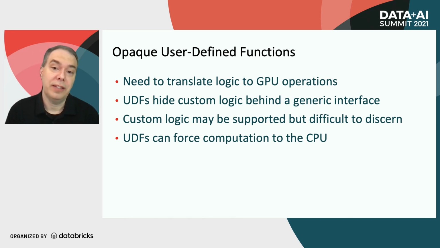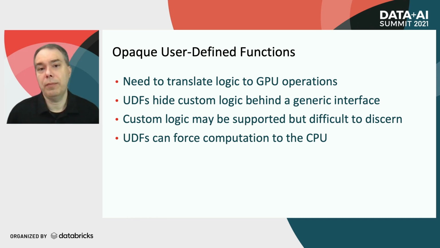If it cannot detect what an operation is, then it has no choice but to fall back to the CPU because we want to make sure that the query runs. And UDFs hide that logic in a way that makes it difficult to discern what it's doing. That can be particularly frustrating in cases where we do have the functionality in RAPIDS to do this operation, but we can't detect that that's the operation being performed because it's behind this opaque interface.